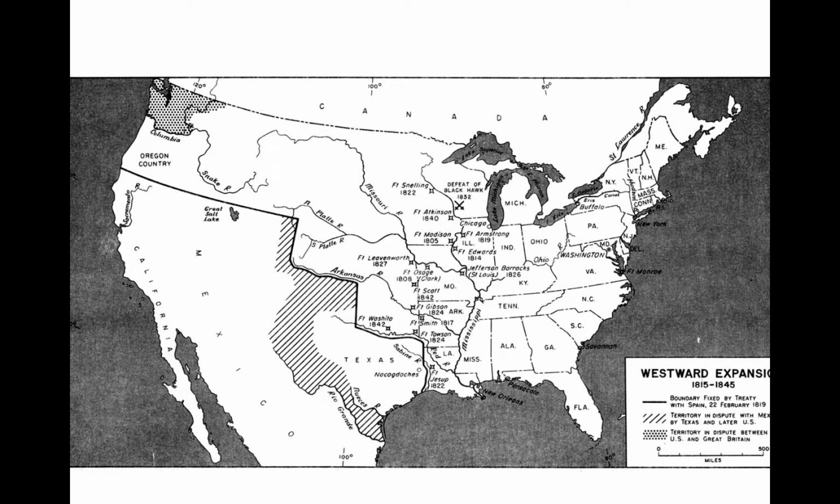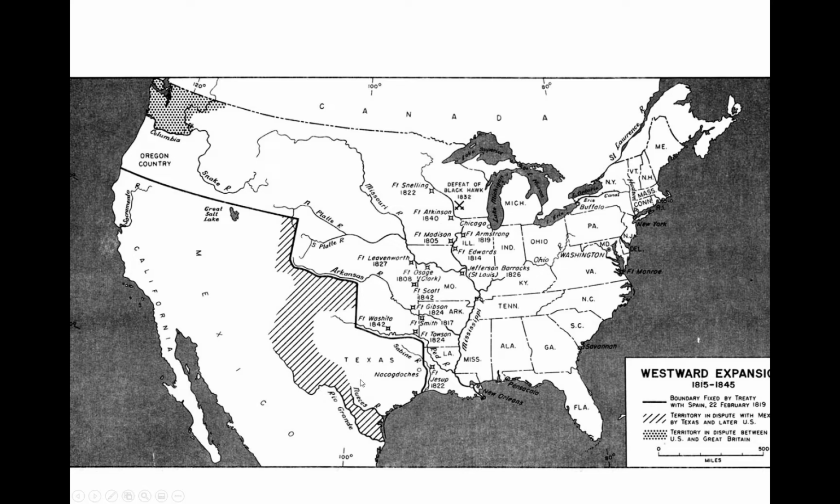Right? And let's start by looking at this in the 1820s. In the 1820s, settlers from the United States started to look at this part of Mexico. It is called Texas. Perhaps you've heard of it. Right?